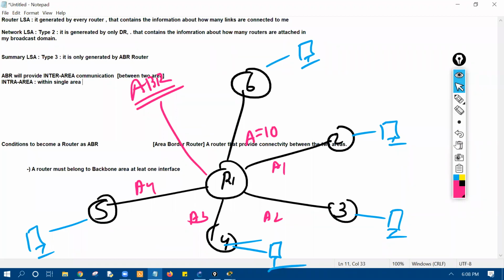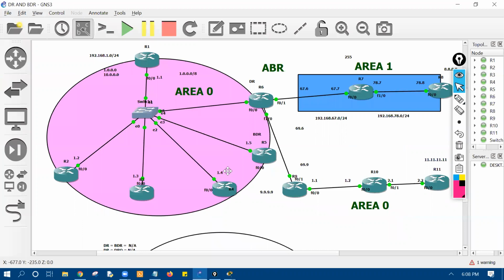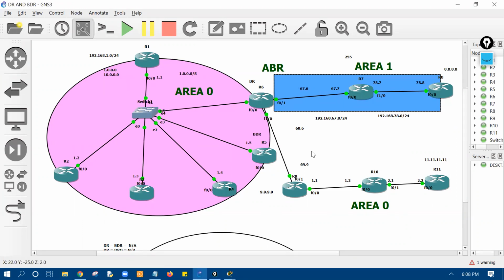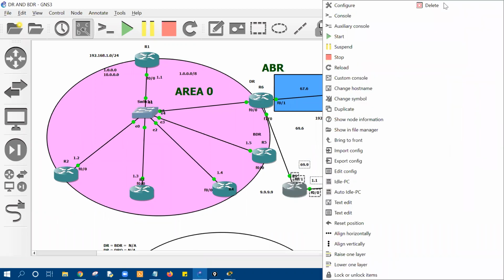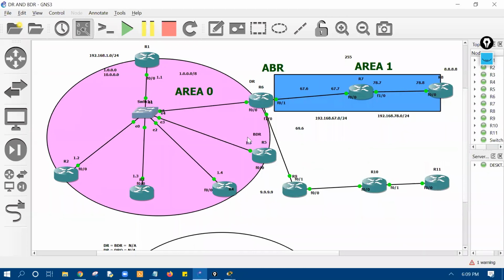Now good. So let's come to the practical now. Let me show you the topology. I will remove this, otherwise you will get confused.